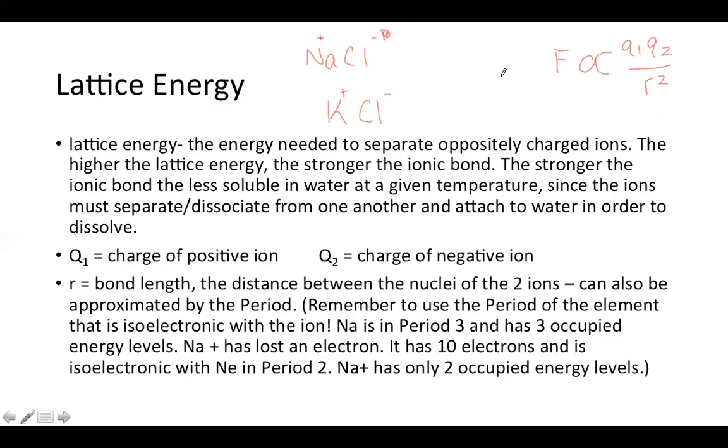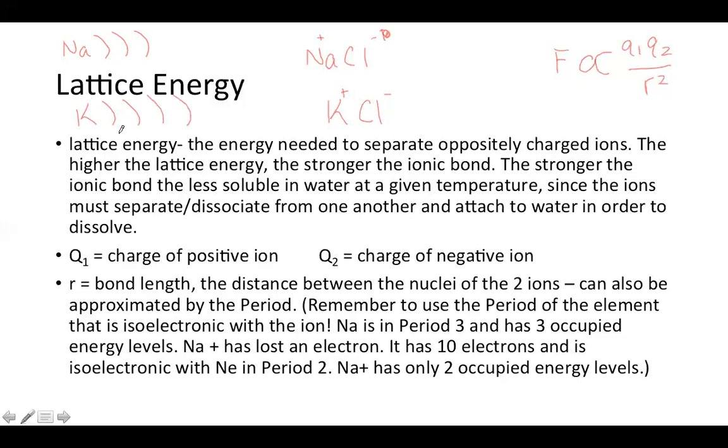In these cases, there's no difference in their numerator for this calculation, right? Q1 for sodium chloride would be +1, and Q2 would be -1. Same thing for potassium chloride. So the size of the charges are the same. But what is different between them is the size of these cations. Sodium would have 3 principal energy levels, whereas potassium would have 4 principal energy levels.